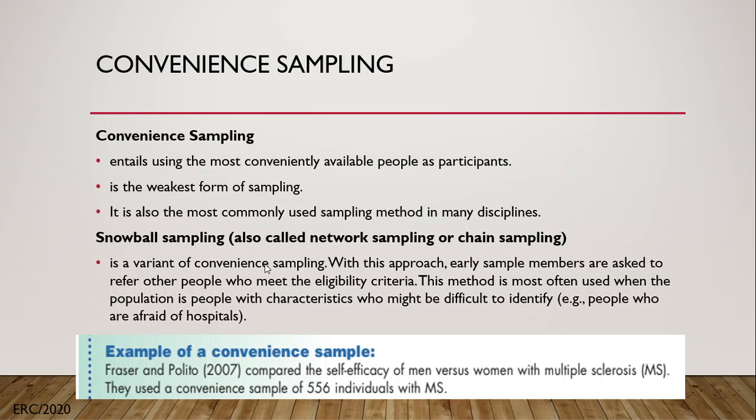This method is often used when the population is people with characteristics who might be difficult to identify. For example, persons who are afraid of the hospital. Okay, snowball sampling is a non-random sampling method that uses a few cases to help encourage other cases to take part in the study.